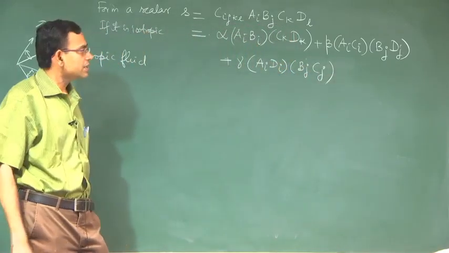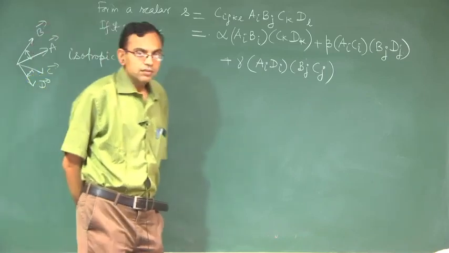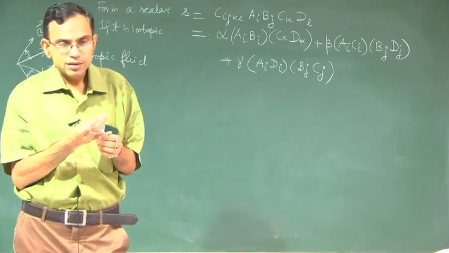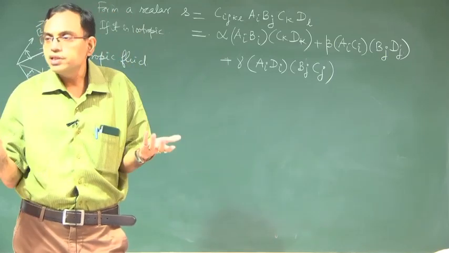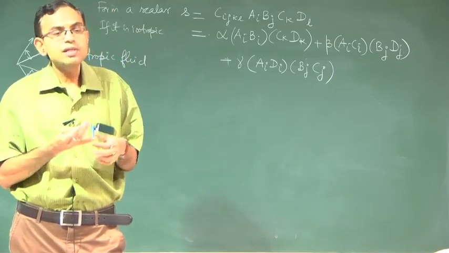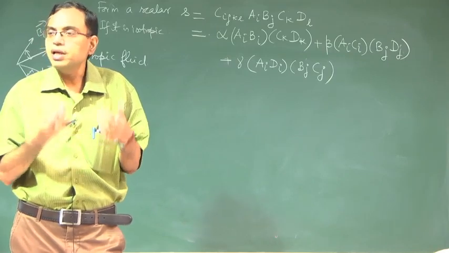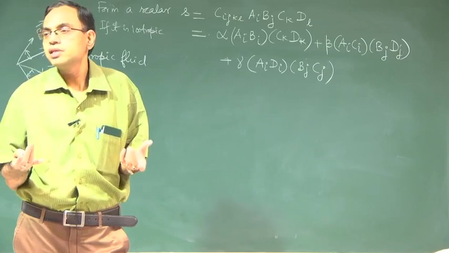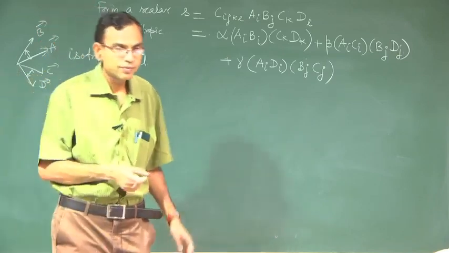So, how many combinations are there? Taken 2 at a time. A can come with B and then C will come with D. A can come with C and then obviously B will come with D, and A can come with D, then B will come with C. So, 3 combinations are possible, right.